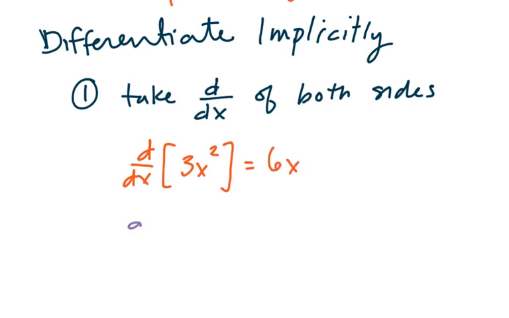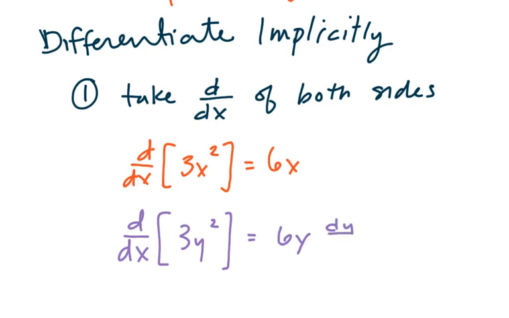But what about d dx of 3y squared? So we can still take the derivative, but we're taking the derivative of y with respect to x. So what we're going to do is we'll say this would become 6y, and then we write dy dx.